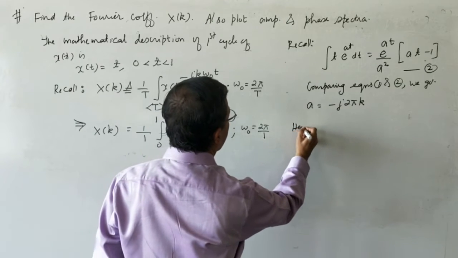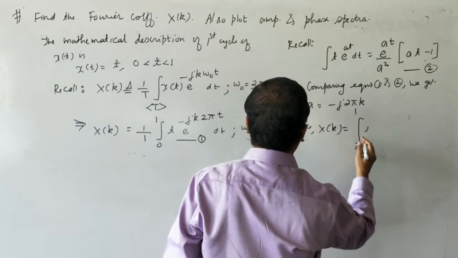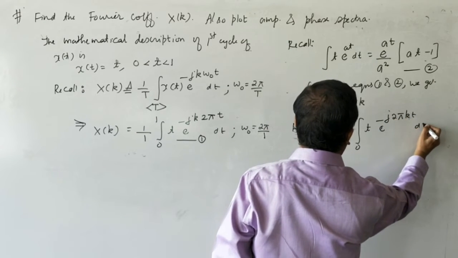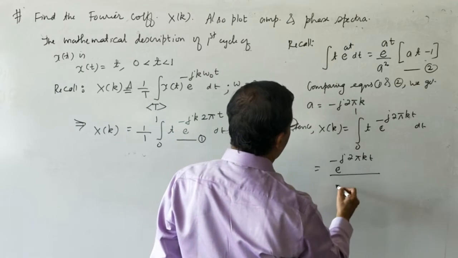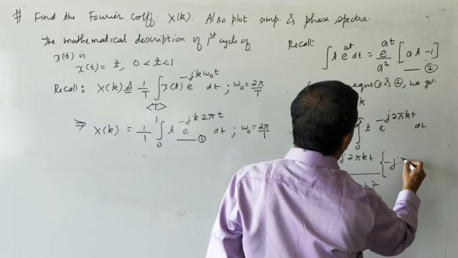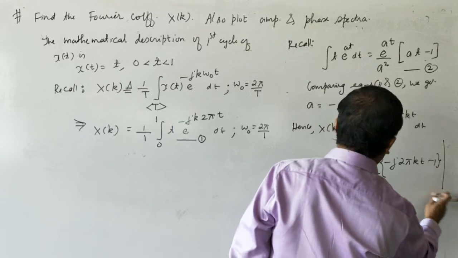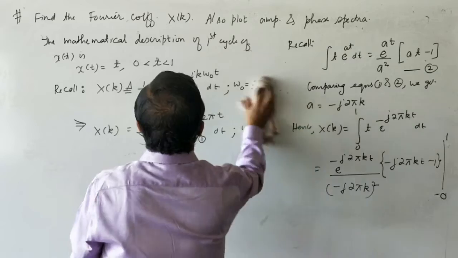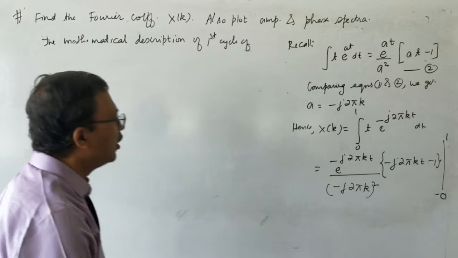Hence x of k is equal to integration from 0 to 1 of t e to the power minus j 2 pi kt dt, is equal to e to the power minus j 2 pi kt divided by a square, minus j times 2 pi k whole square, into minus j times 2 pi kt minus 1, limits from 0 to 1.